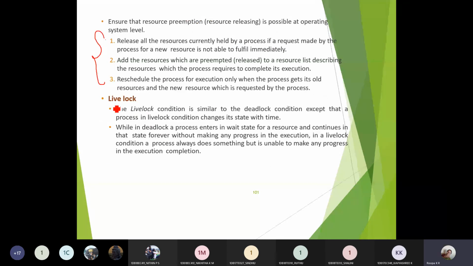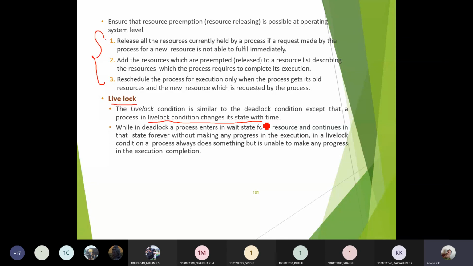Next, similar to the deadlock condition, you have a livelock condition, which is almost similar, except that instead of stopping its operation while waiting for the resource, the process execution continues with the next part.